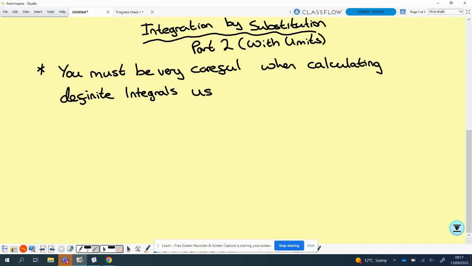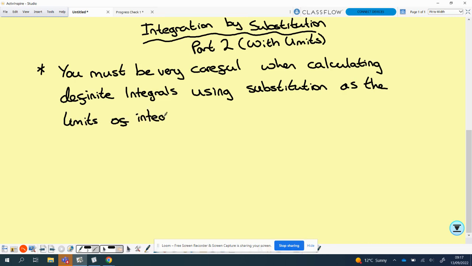Using substitution, as the limits of integration change. Okay, so that's just a wee note.